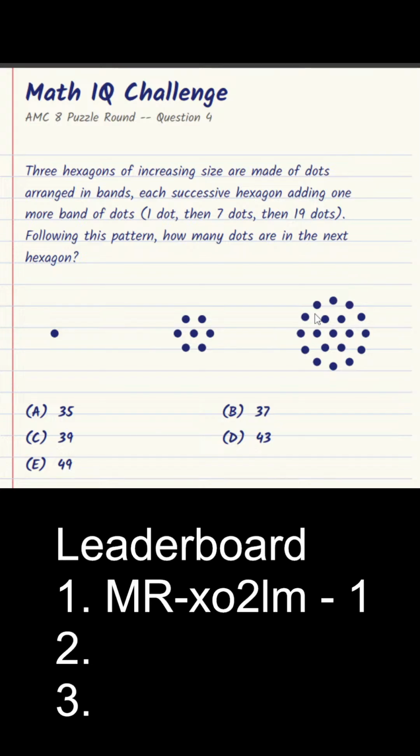So that is the way it is going. And every time the size is increasing. So following this pattern, how many dots are in the next hexagon? So we have to say how many dots will be there in the next hexagon.